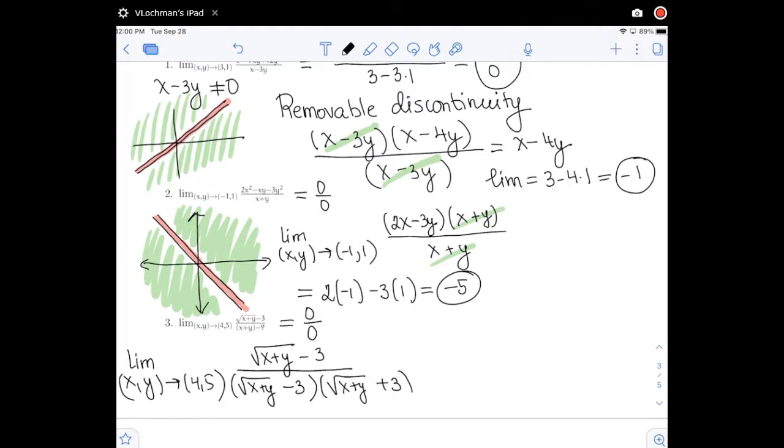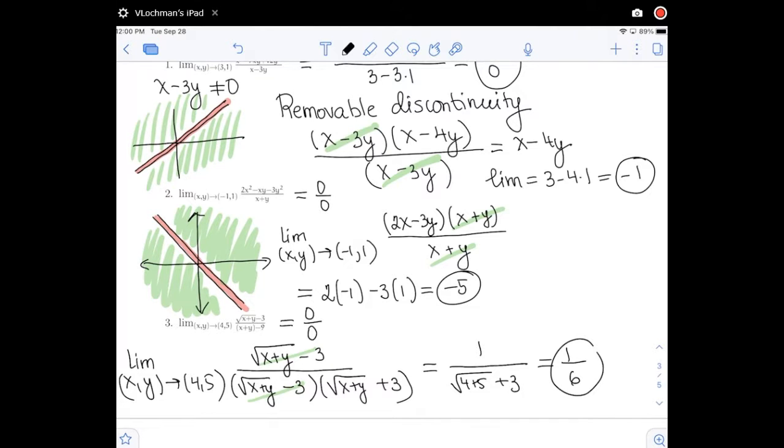Now we can remove this factor here. So what is the limit? It's 1 on top, and we can evaluate our expression on the bottom. So 4 plus 5, square root of that, plus 3. So we get 3 plus 3 on the bottom. So this is 1 over 6.